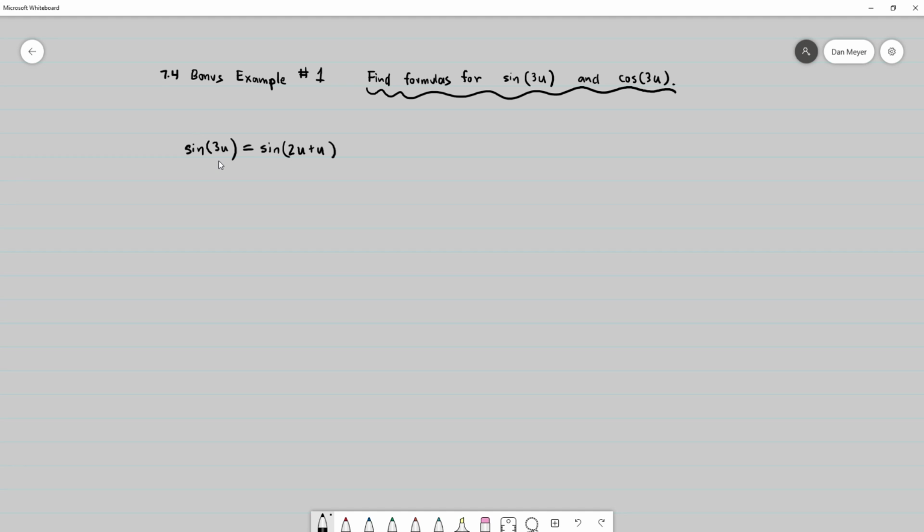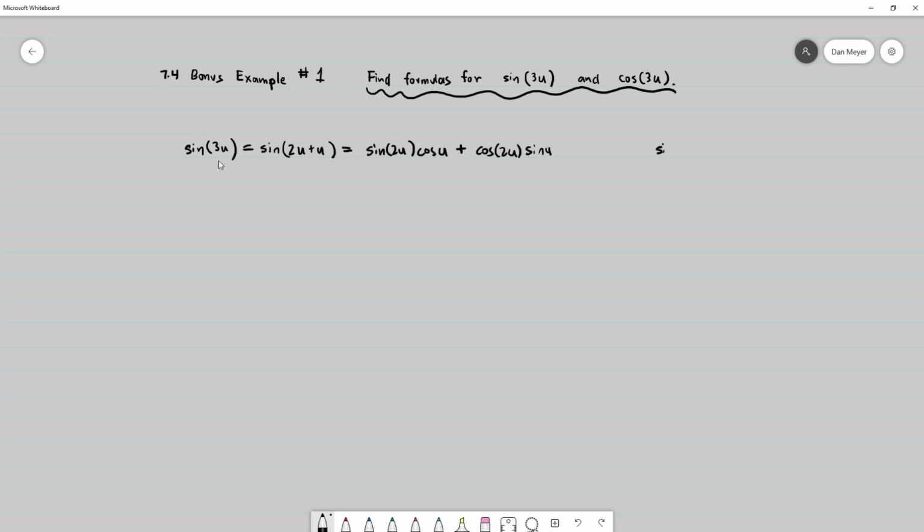All right, so we're going to start off with the same trick that we started off with in the previous example, right? 3u is 2u plus u. And then use our angle addition formula for sine. That would be sine of 2u cosine of u plus cosine of 2u sine of u. Remember, maybe I'll use different letters here.